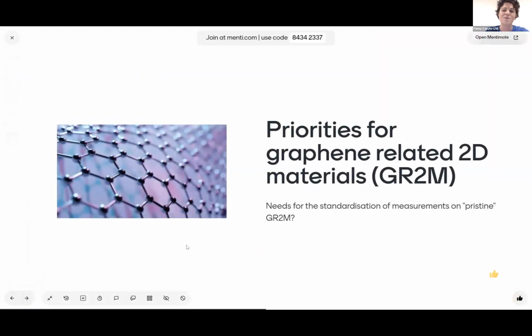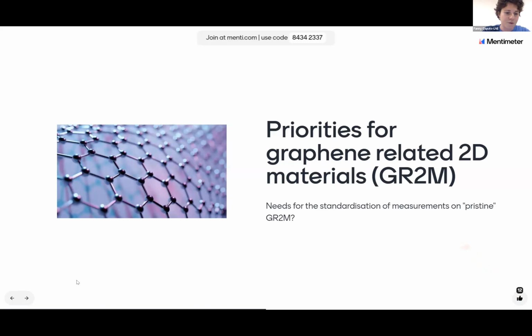So we're going a bit more into the topic. Here we thought of asking questions on three main topics. We have heard in the very nice presentations that we had in the sessions of this meeting that there are a lot of ongoing activities for the standardization of methods for measuring the key properties of graphene-related materials.